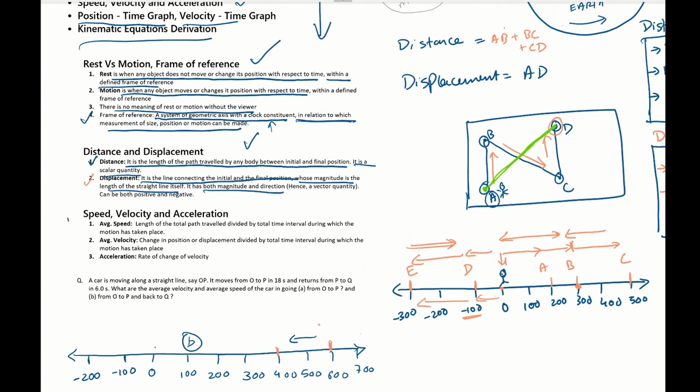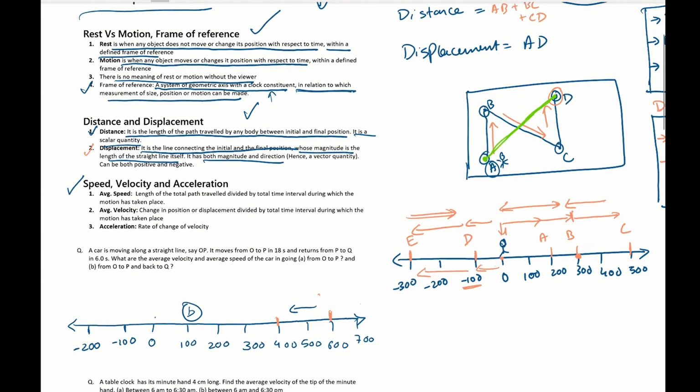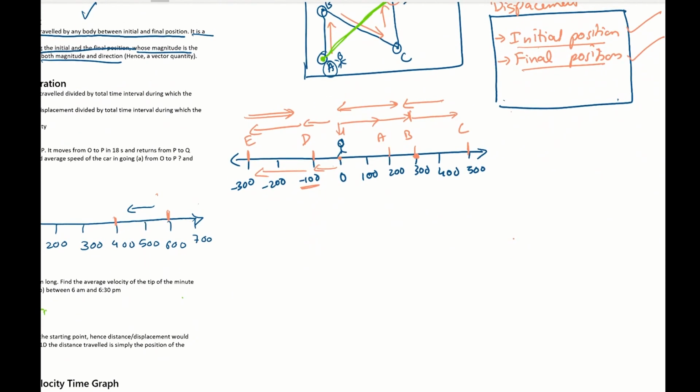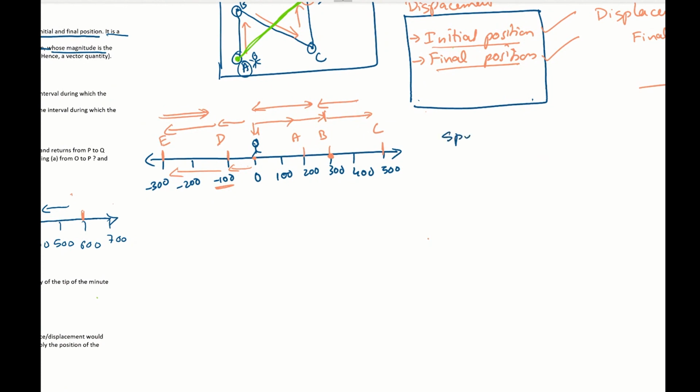Moving on, in order to understand how fast an object is moving, we need to factor in time. We do it in two ways. First is speed, which is total distance traveled divided by total time, and velocity is total displacement divided by total time.